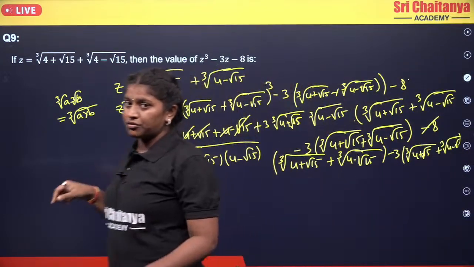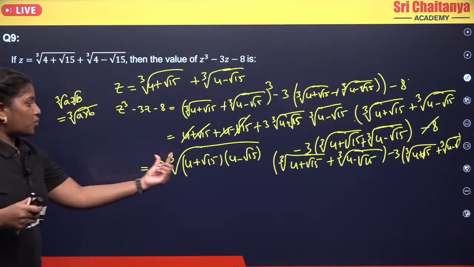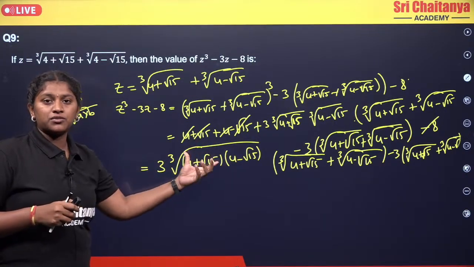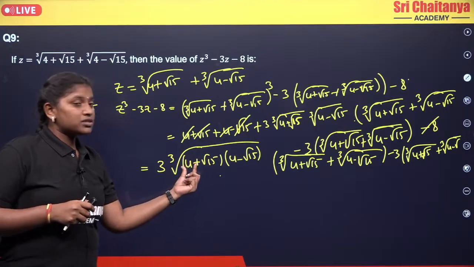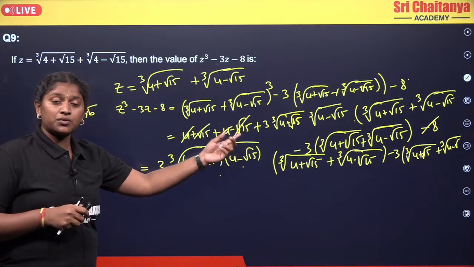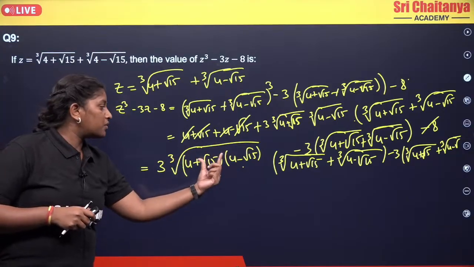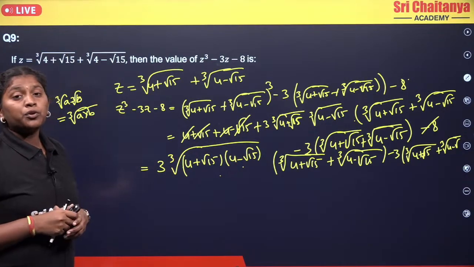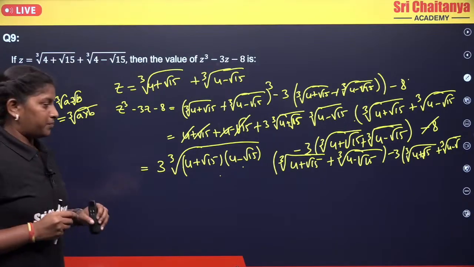Now coming to here, if you observe clearly, (4 + root 15) into (4 - root 15), which is (a + b)(a - b), so it will become a square minus b square. So a value is 4, 4 square will give you 16, 16 minus root 15 square, the root and square will get cancelled. So you will get here 16 minus 15, which is nothing but 1. Cube root of 1 will give you 1 only, right?